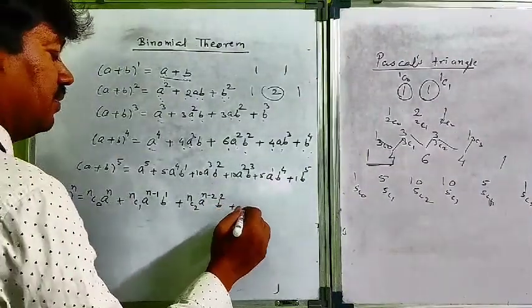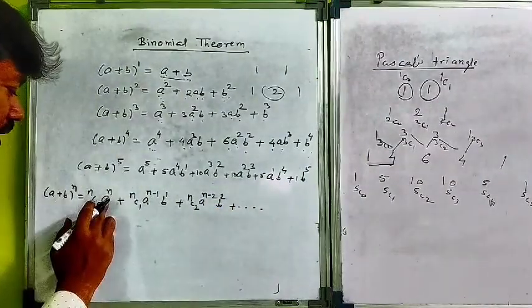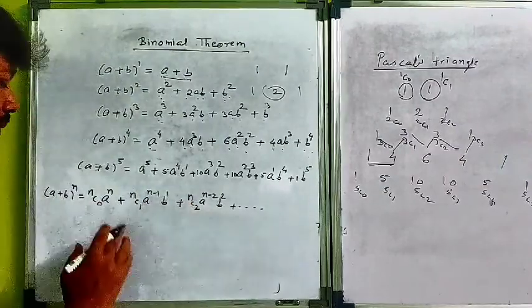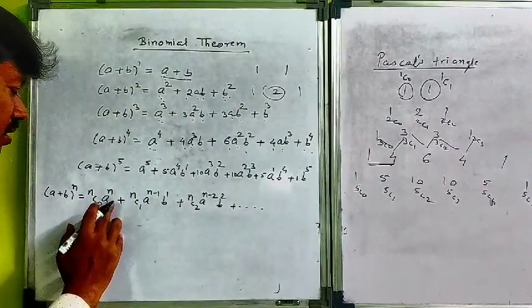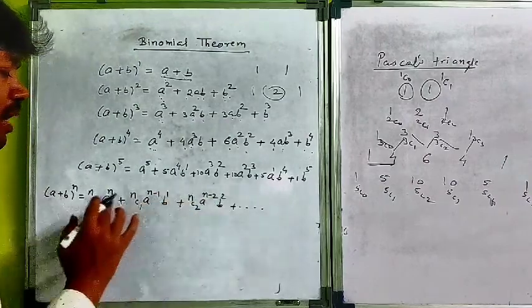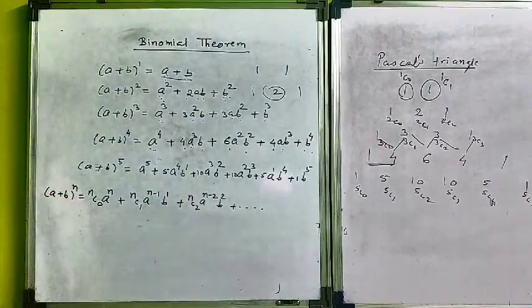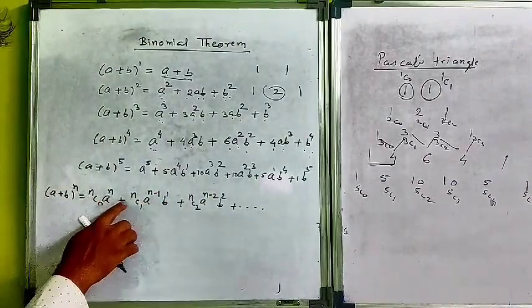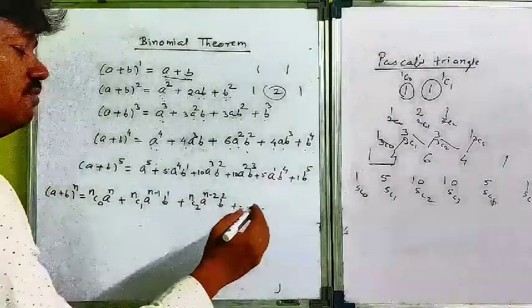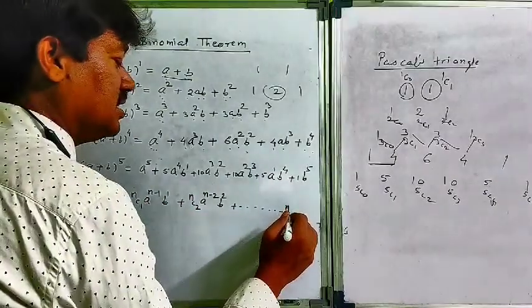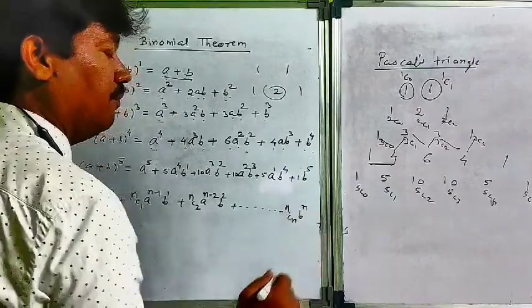The power of A decreases, the power of B increases from 0, then 1, then 2, and the coefficients are NC0, NC1 like this. So the last term will be NCn B raised to n.